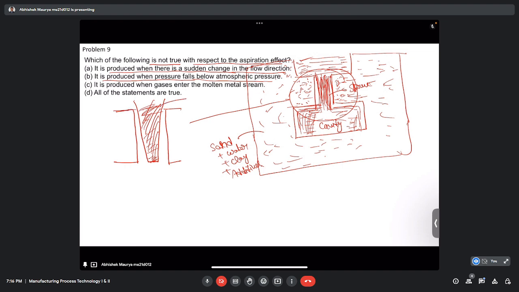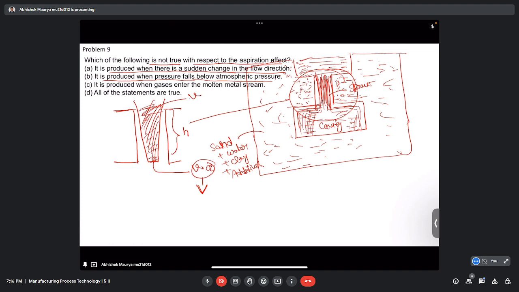Here the velocity of the molten metal is smaller, let's say small v, but when it reaches there from height h, its velocity increases to, let's say, v plus some alpha, or directly we can write this as capital V. So one thing is clear: when molten metal falls from the top of the sprue to the bottom of the sprue, its velocity increases.